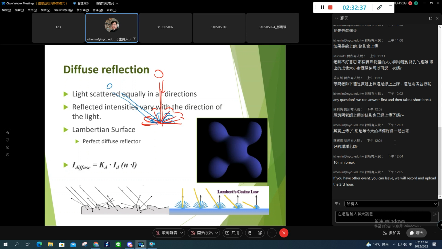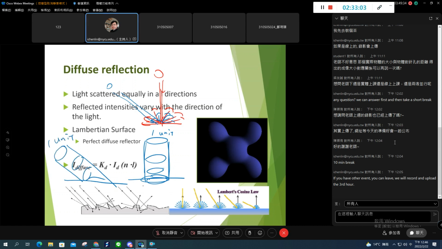That is because, let's take a look at the example here. This is a one unit line here, and this is their intersection here. When it goes to this surface point, it's 100% provided to this point. However, if you tilt your line here, 1 unit here, your intersection will become larger.